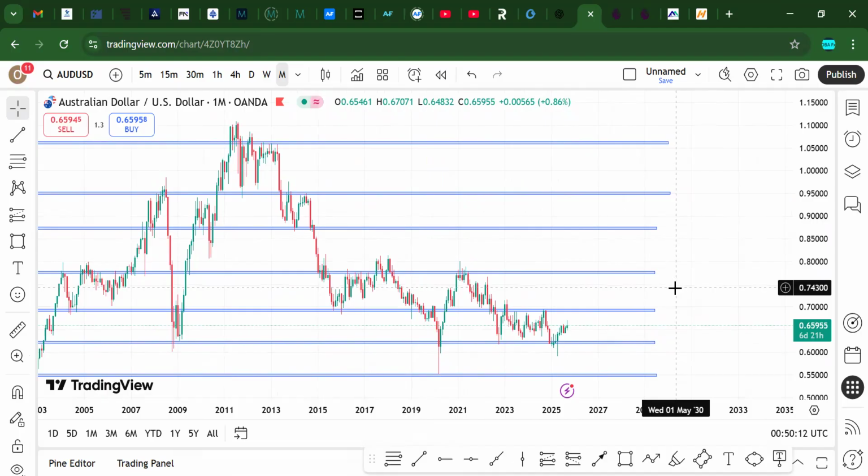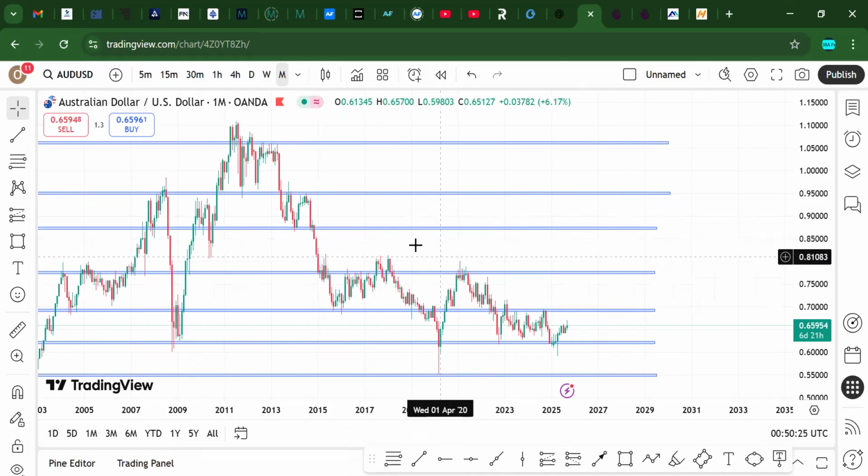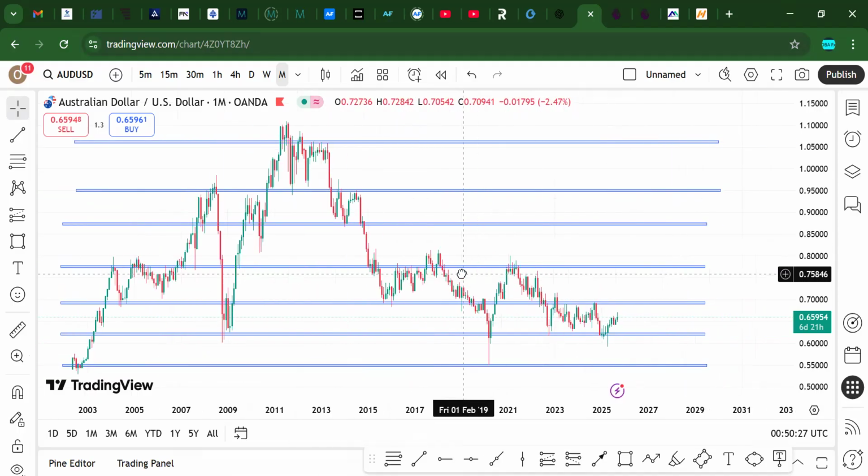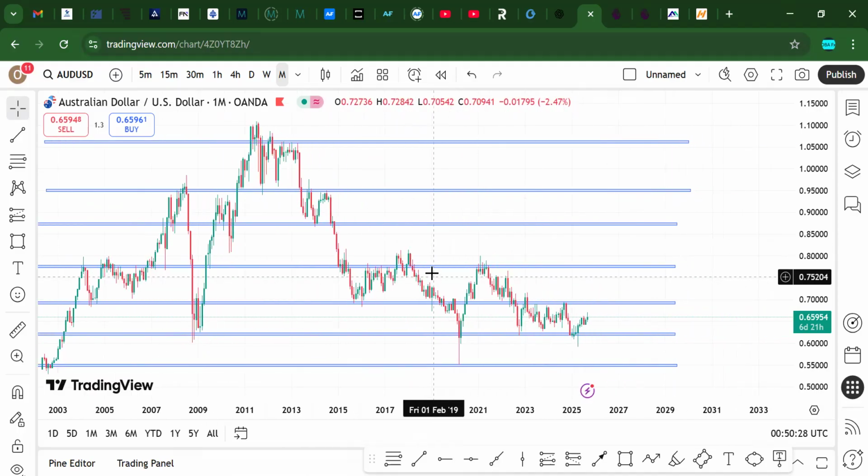On the daily time frame we try to see the most recent trend of the market, and from the 4 hour we try to get our entries. We refine it in the 1 hour and the minute time frame. So let's see how I get to do this, starting from the monthly time frame.